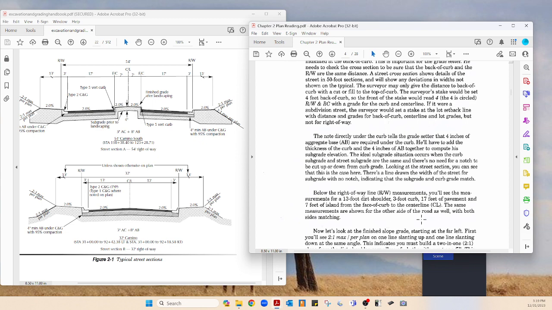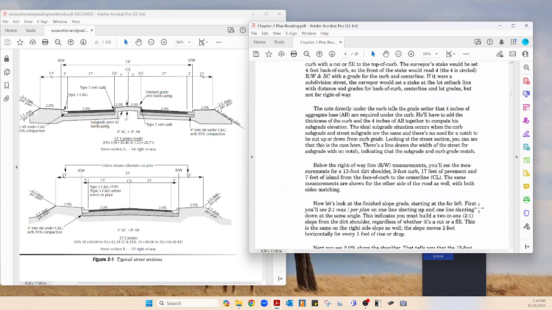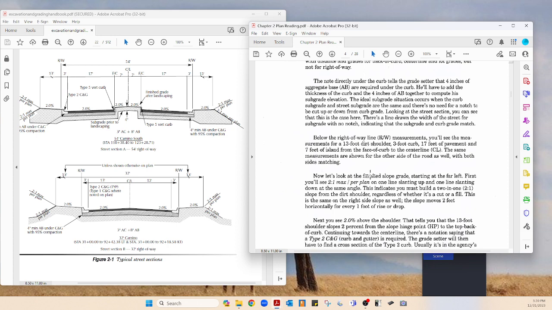The same measurements are shown for the other side of the road, with both sides matching. Here's our 13-foot dirt shoulder. I can't wait to talk about that. So there, there, and there is this shoulder right here. Let's see what it says about it.